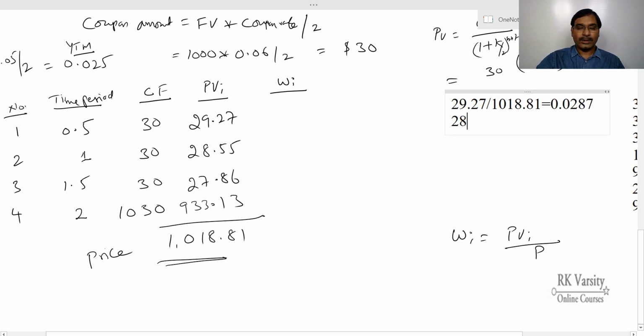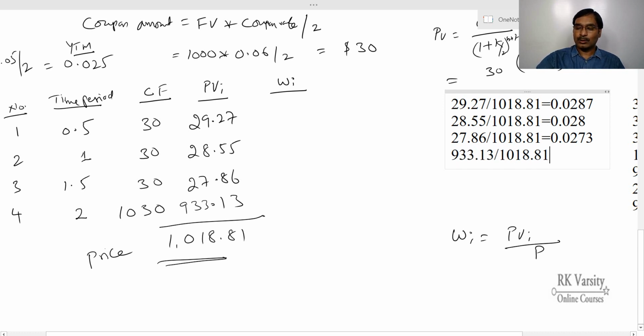For the second one, 28.55 upon 1018.81. For the third, 27.86 upon 1018.81. And finally, the last payment is 933.13 upon 1018.81.